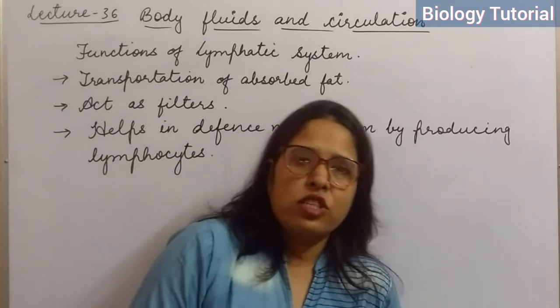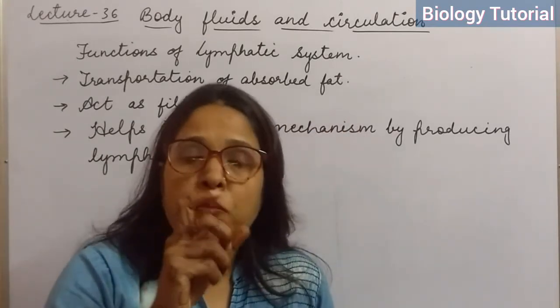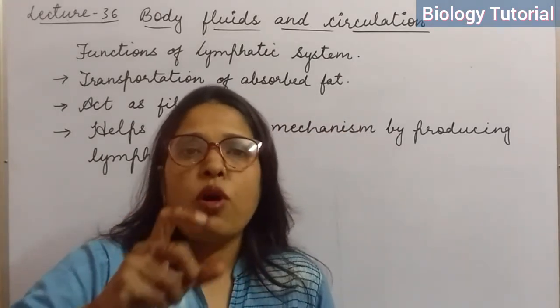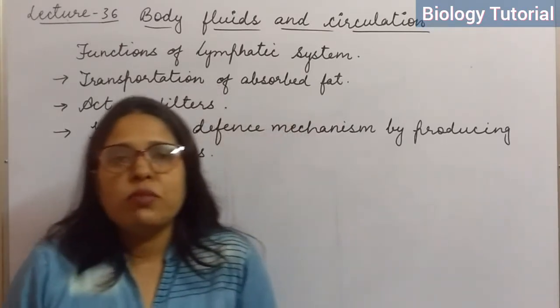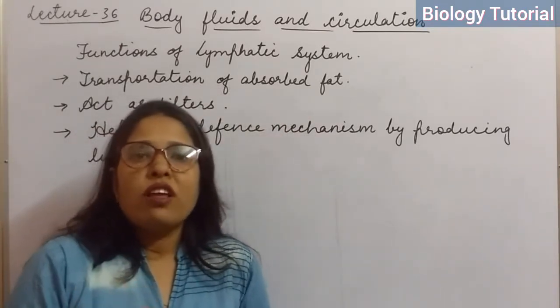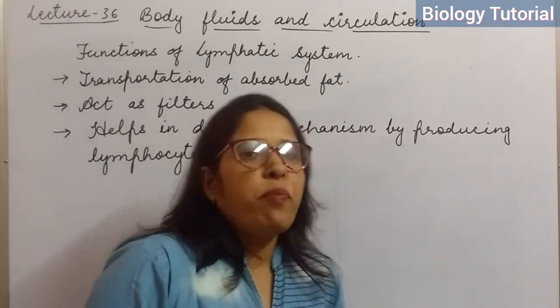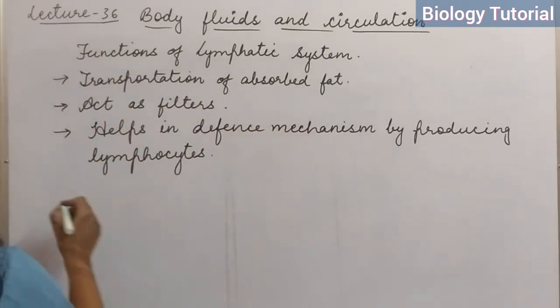The bursa of Fabricius is not present in humans. These B lymphocytes in the body of mammals, or human beings, get modified in the form of Peyer's patches. Clear?